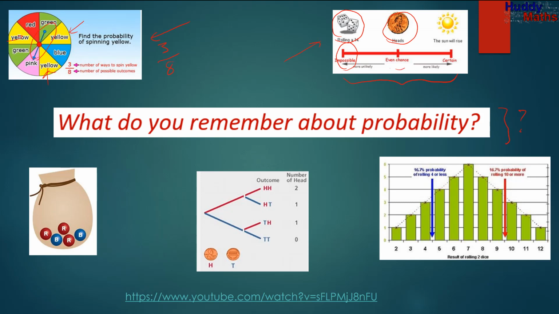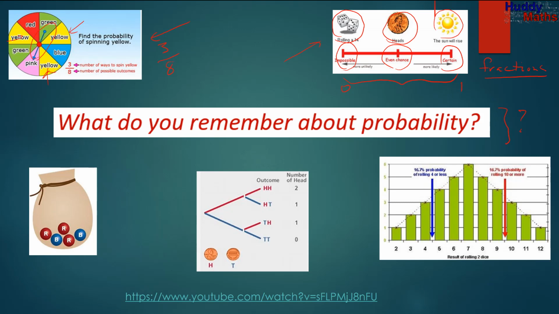Well, that's an even chance, 50-50 or 1 in 2. And what about the sun rising tomorrow? That's a certainty. So we have probabilities going from 0 to 1, and they are fractions generally now. So many chances out of the total. That's what we were doing in that first video.